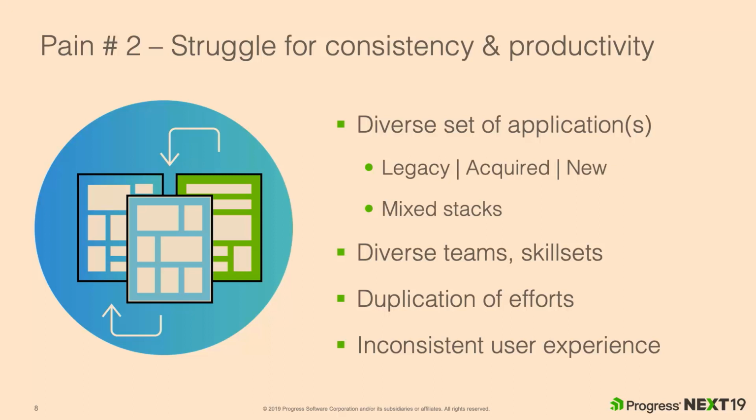In the consumer-facing application, you're building different pieces of the application, and you're going to have inconsistency within the same application, but different parts of the application, different screens, right? So this again, duplication of effort and inconsistent user experience, this is a big pain point.